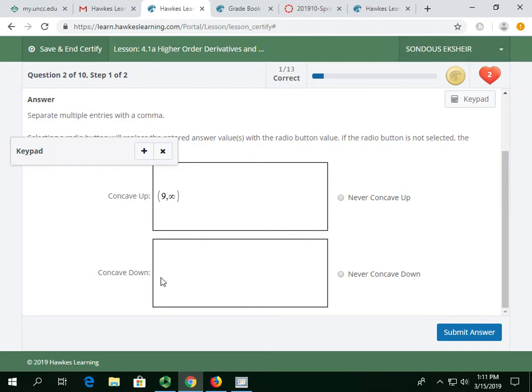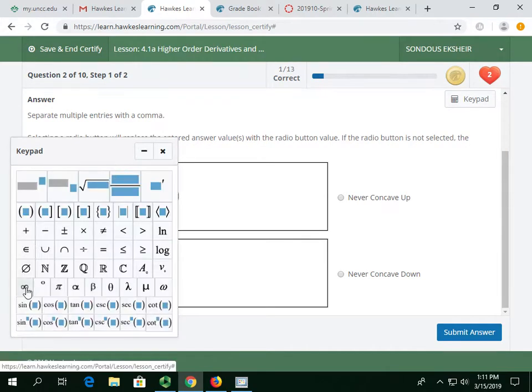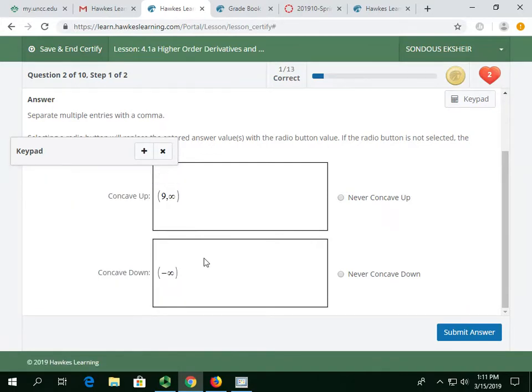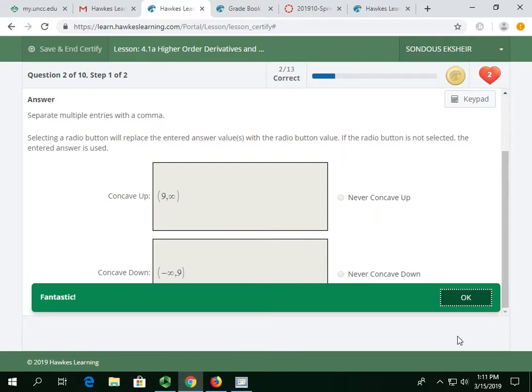Okay, and it is concave down. I'll put my little parenthesis there. When I type in parentheses, this automatically shows up. It's from negative infinity, so I need my keypad again. Negative infinity to, comma 9. Does that make sense? Okay, I'll submit that answer and go, yay, fantastic.